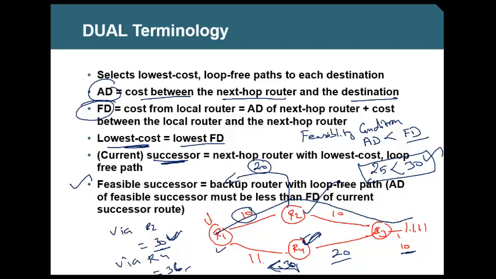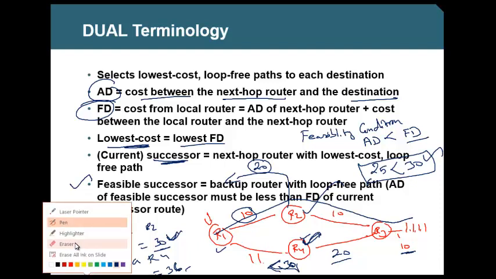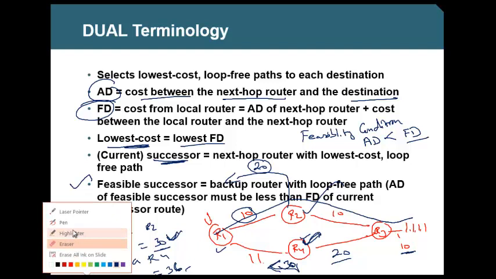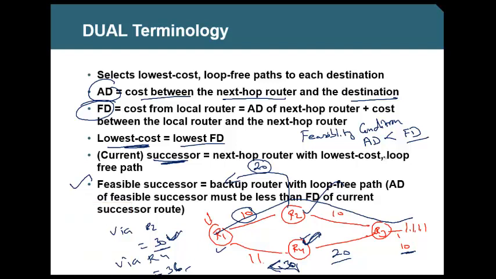Now, what is feasible condition? Feasibility condition says that the advertised distance should be less than feasible distance. What is the advertised distance? 30. What is the feasible distance? The lowest metric is what? Feasible distance, 30.